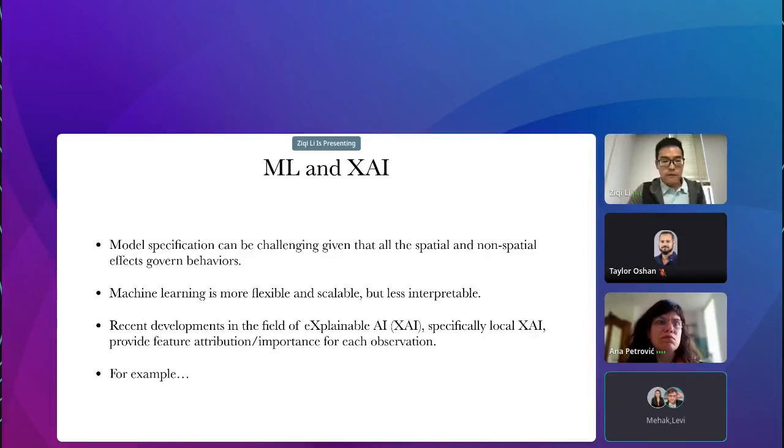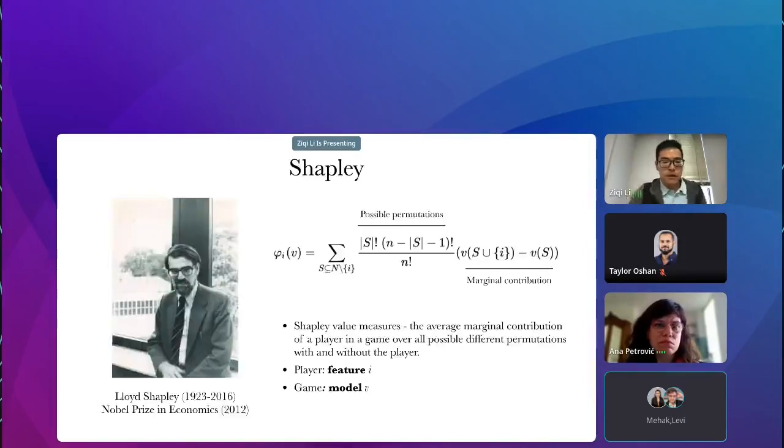One of the very popular methods at the moment is based on Shapley value, which comes from economics game theory, where it's essentially a permutation-based measure. The link with models is that each covariate or feature is a player in the game, and the model itself is the game. Different combinations of features have different outcomes, and then we can isolate the contribution of one specific feature in the particular model.